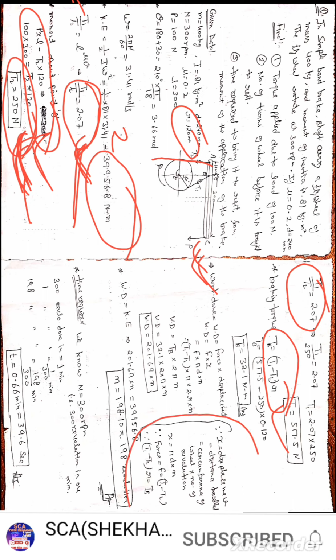We assume x is the distance traveled by the wheel. In previous lectures we saw that x is equal to the circumference of the wheel times the number of revolutions required. Circumference is pi into d, and the number of revolutions is small n. So x is equal to pi d into n.